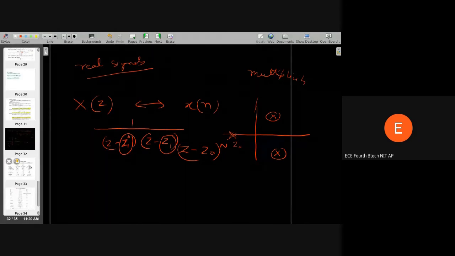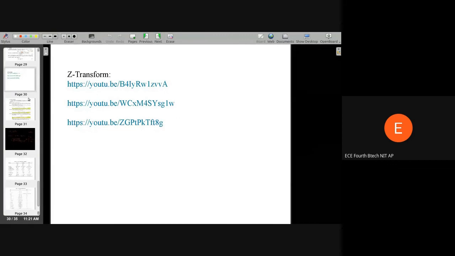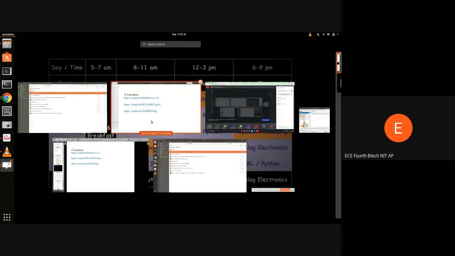Let's go then to the next slide, the properties of Z transform. But before that, let me do one thing.